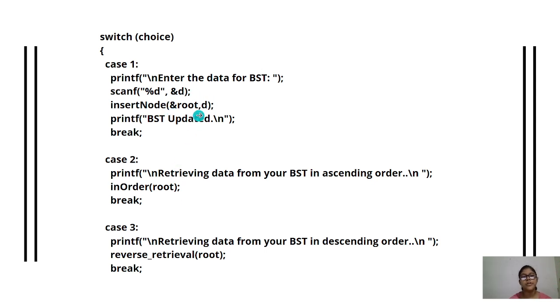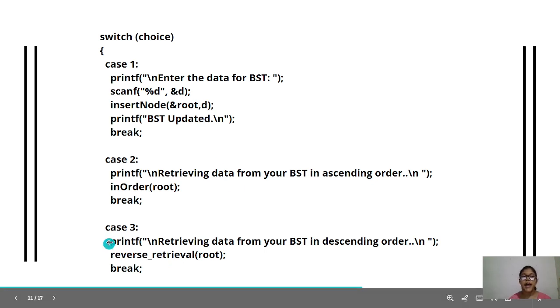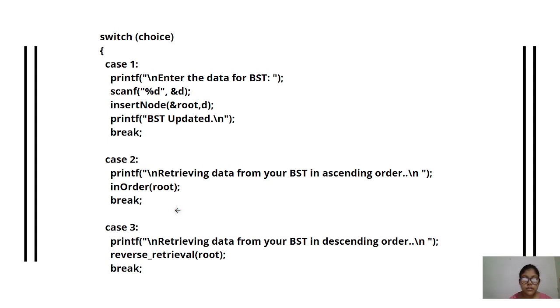Here and root, because we have to create the node, we have to store the data given by the user, that is D, into an appropriate position. That's why and of root. And here only root, because we don't need to do any type of storage or making the node. We have to just get the value for retrieval or traversal.